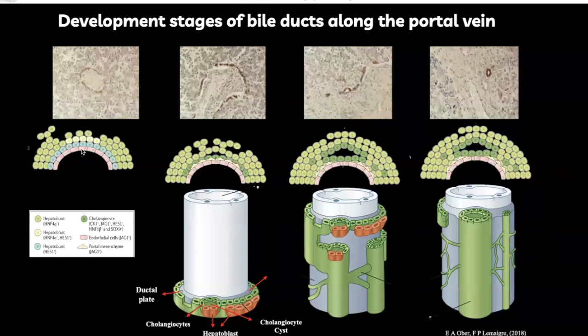And that's what you see, the different steps that Frédéric, for example, has reported and looked at in detail. You have the portal vein here, you have the secretion first of paracrine signaling from the mesenchyme around the portal vein that leads to a differentiation of hepatoblasts into cholangiocytes.